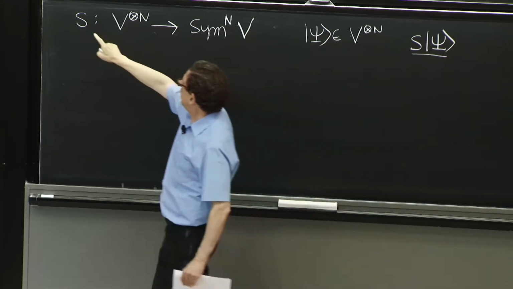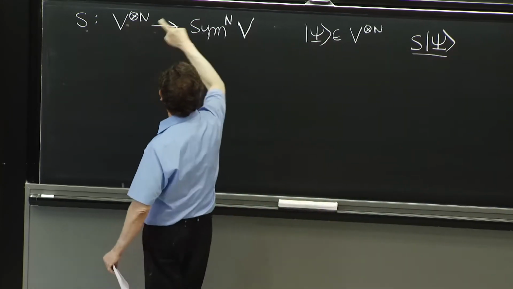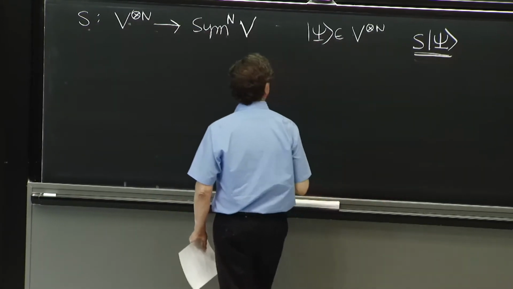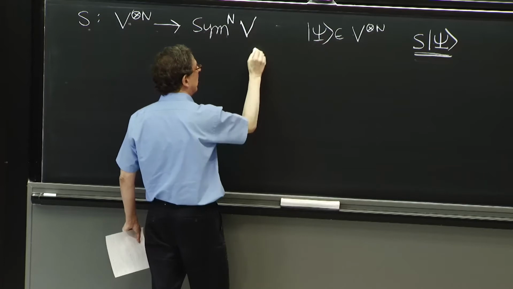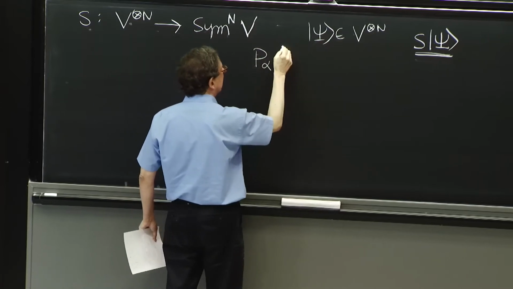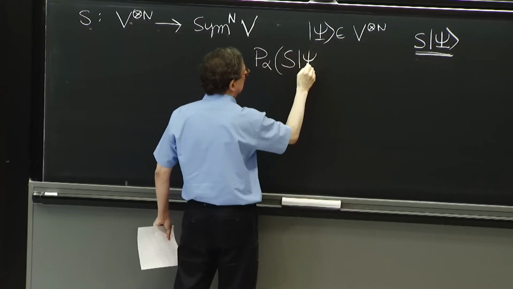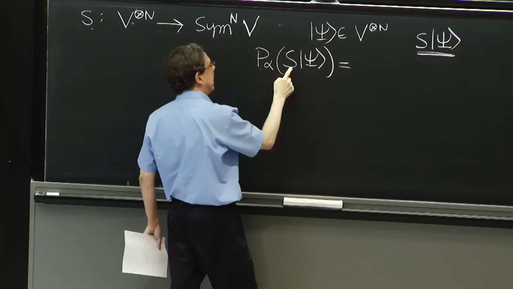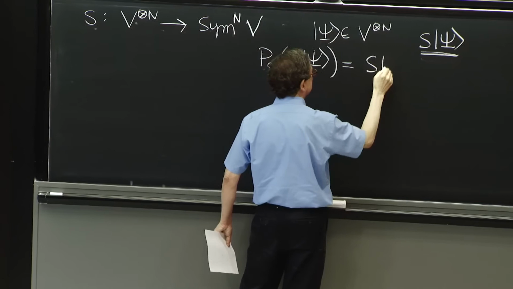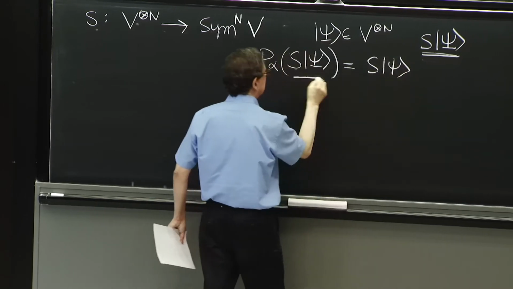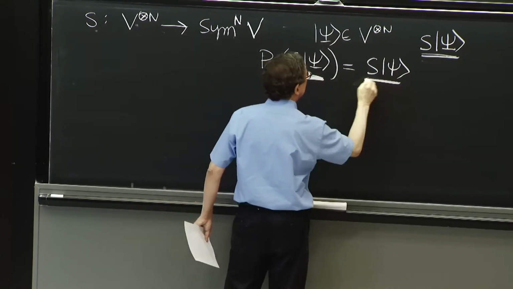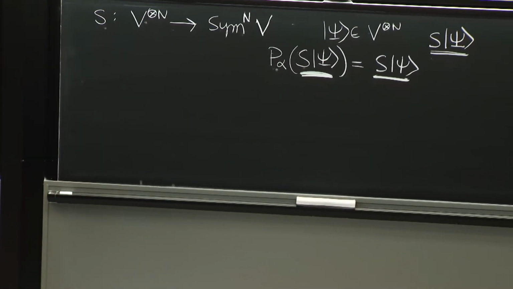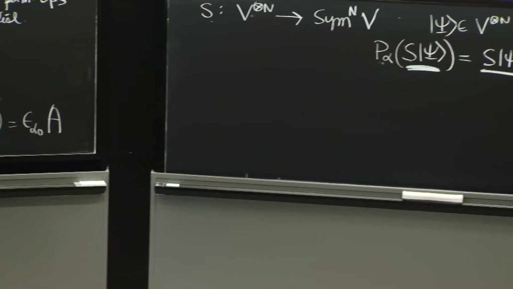That's the operator S acting on the state psi. And that should be a symmetric state. And to check that it's symmetric, we apply a P alpha on S psi. But P alpha on S is S, so that's just S psi. So the state S psi is unchanged by the action of the P alpha.